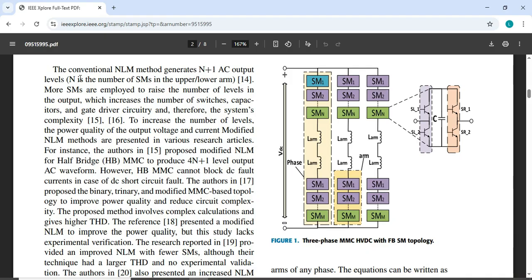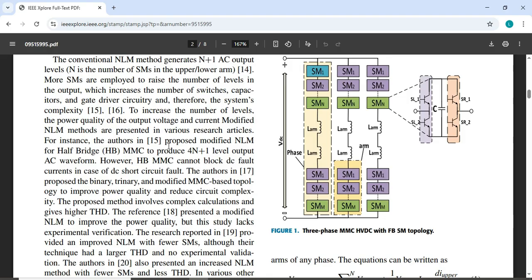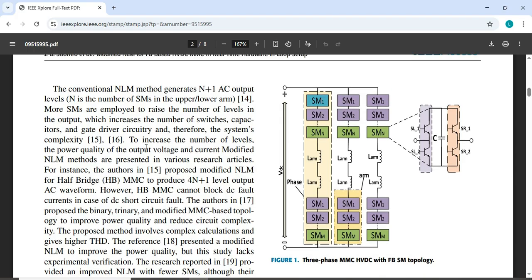But in full bridge submodules, whenever the fault occurs, the sum of the DC voltages provided by the submodules basically provides a kind of resistance to the fault current, and that is the time when your HVDC breakers get into operation. So this is basically the theory. You can learn it from the internet, but here today I'm going to discuss the full bridge submodule.